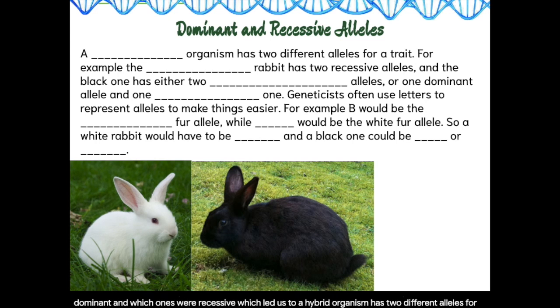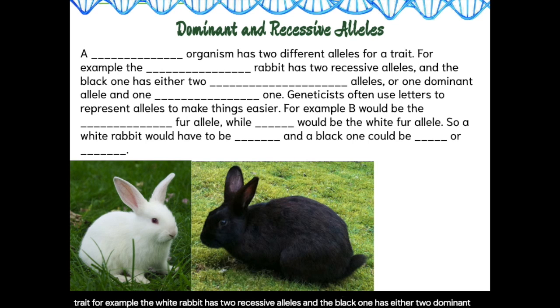For example, the white rabbit has two recessive alleles, and the black one has either two dominant alleles or one dominant allele and one recessive one.